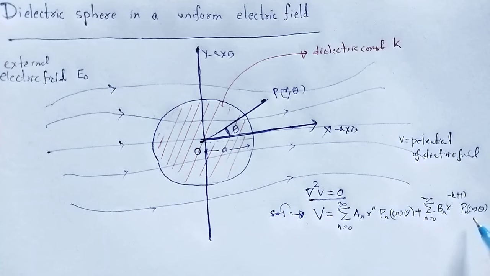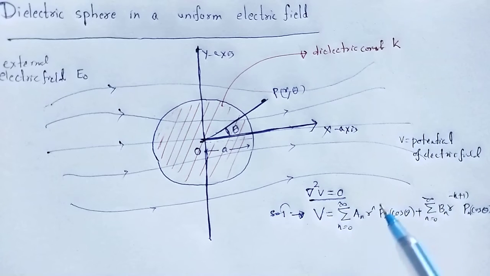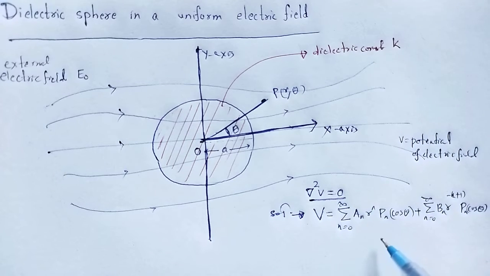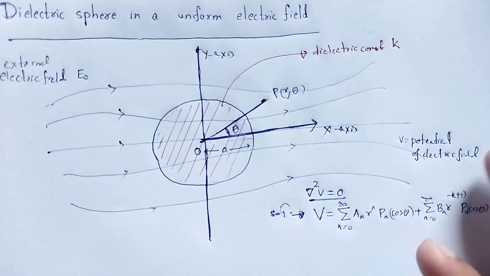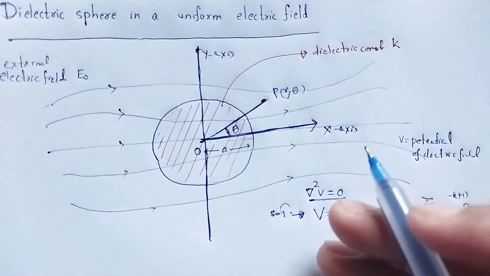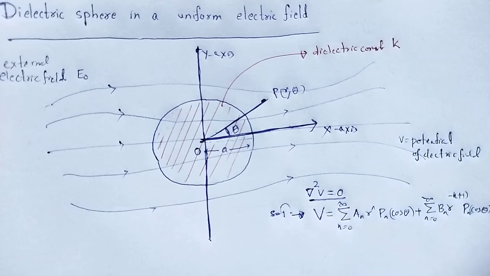Here P n cos theta are known as Legendre polynomials, and P0 cos theta is equal to 1, P1 cos theta is equal to cos theta, P2 cos theta is 1 by 2 of (3 cos square theta minus 1). These are the values of Legendre's polynomials.